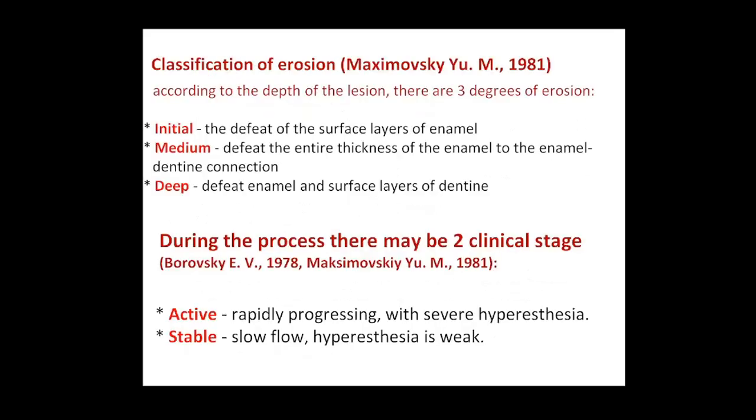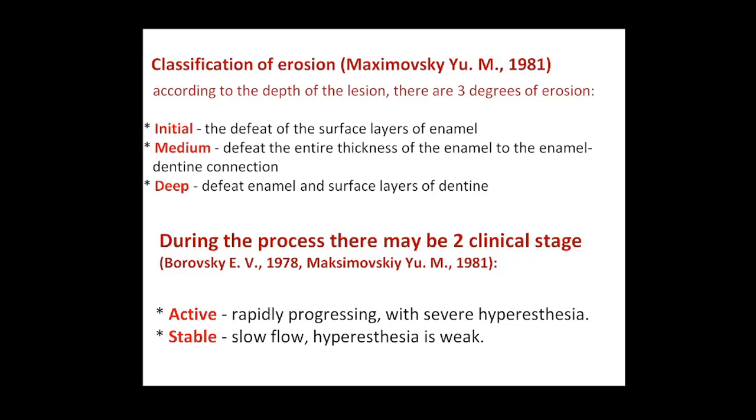Classification of erosion. According to the depth of the lesion, there are 3 stages of erosion, 3 degrees. First, initial, the defect of the surface layer of enamel. Medium, defect of the entire thickness of the enamel to the enamel dentin connection.